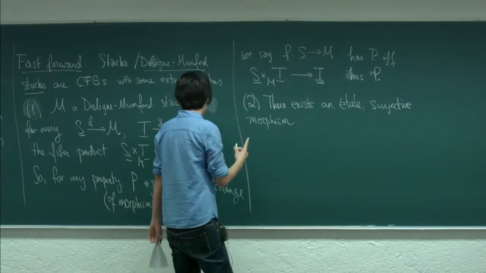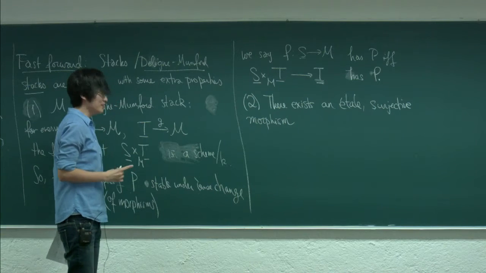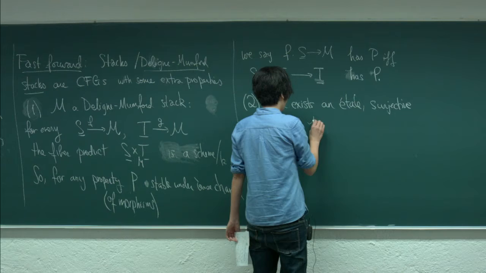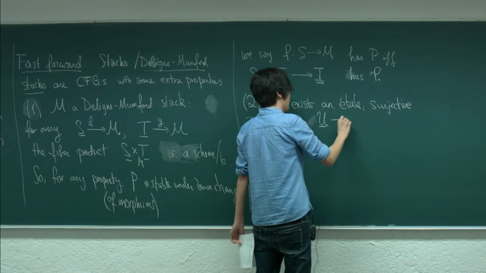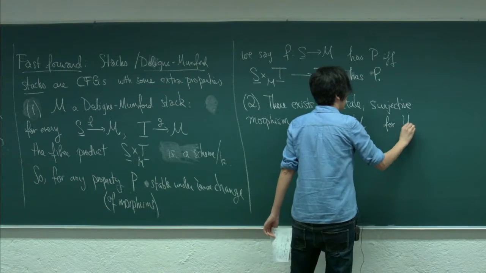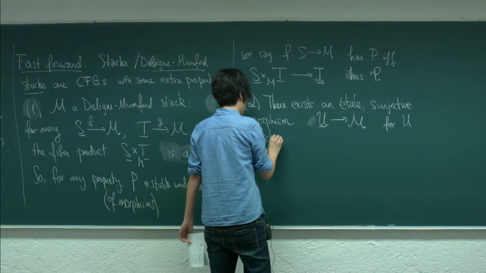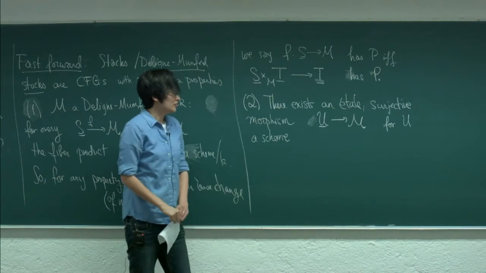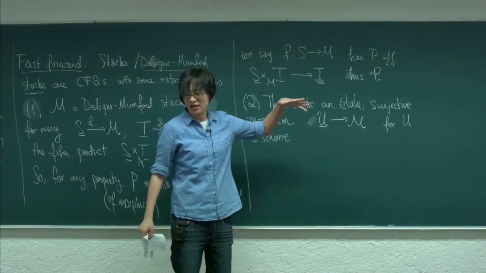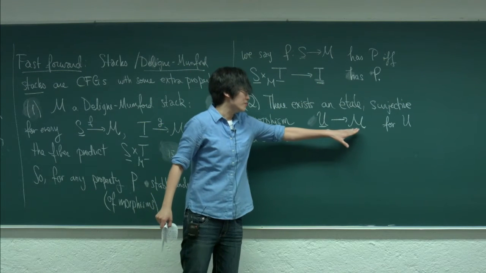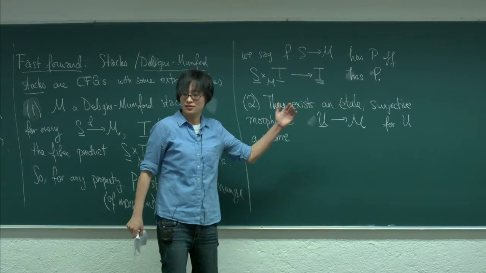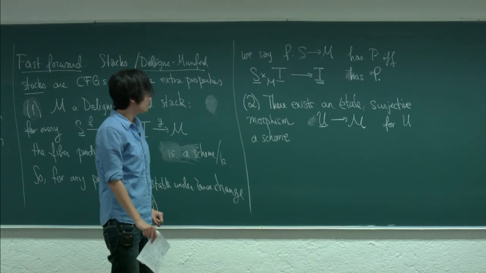A requirement of being a Deligne-Mumford stack is that there exists an étale surjective morphism from a scheme U. What I mean here is that whenever you pull back the whole thing by some morphism from some scheme to M, you get an étale map of honest schemes.